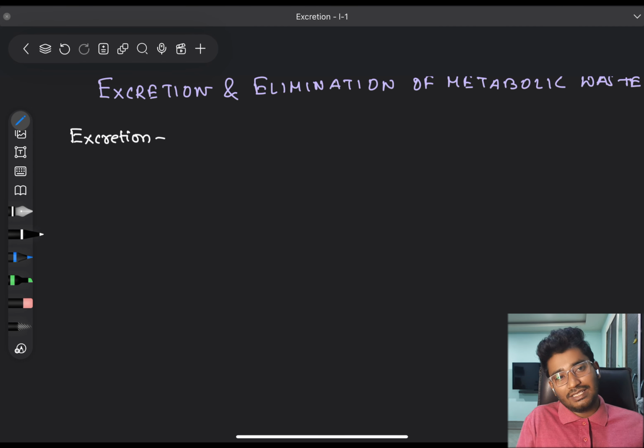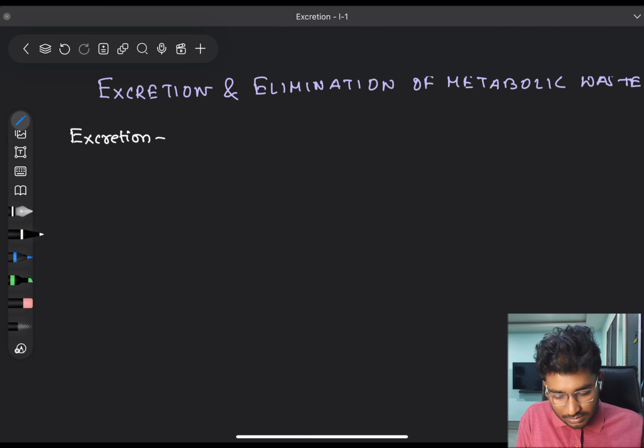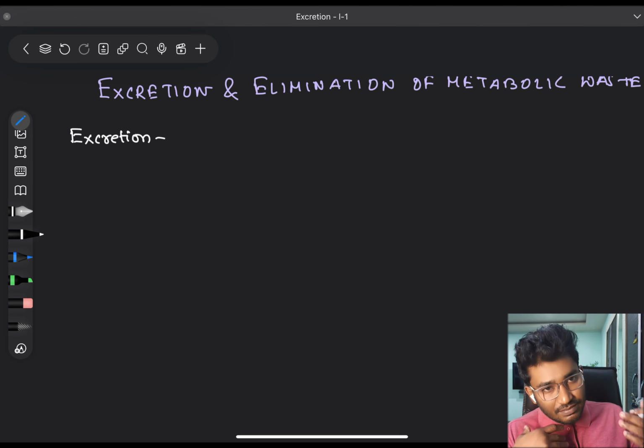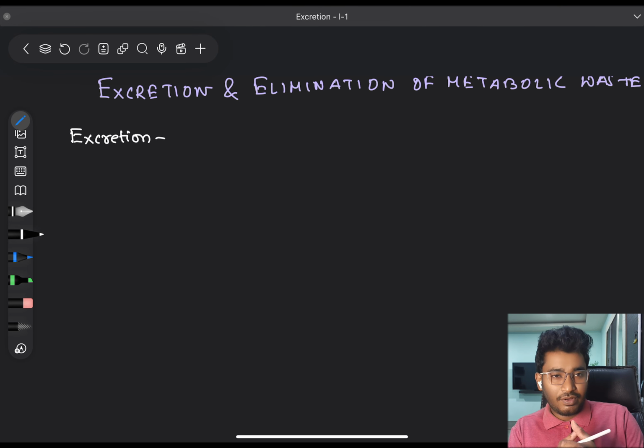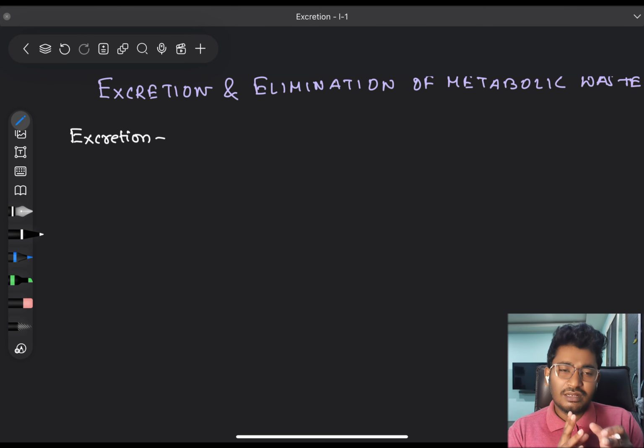Due to ingestion or metabolism, certain substances like ammonia, carbon dioxide, urea, sodium, potassium, etc. accumulate and need to be excreted out of the body, either wholly or partially, to help the body function properly. This total process is called excretion.